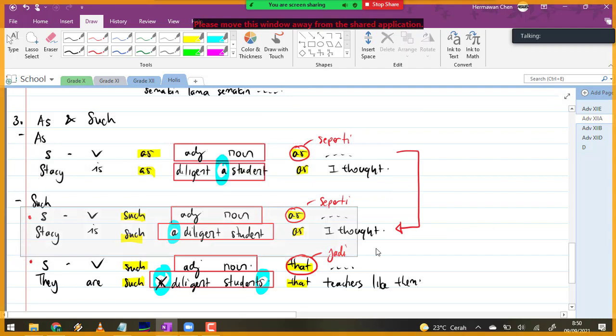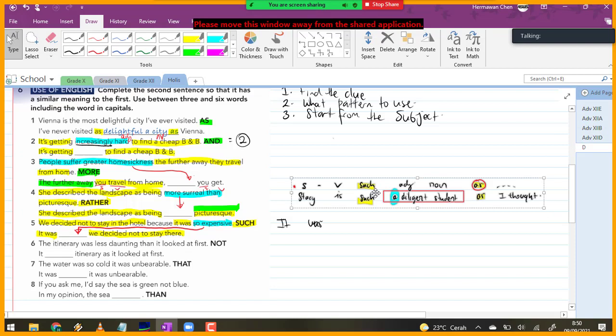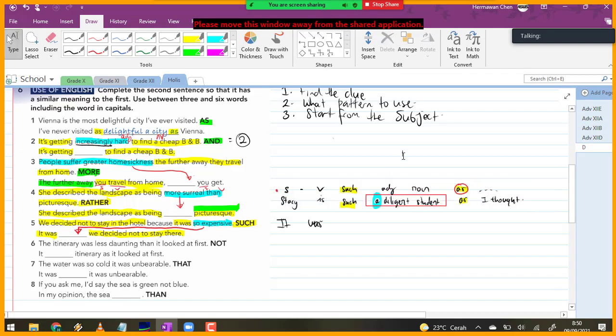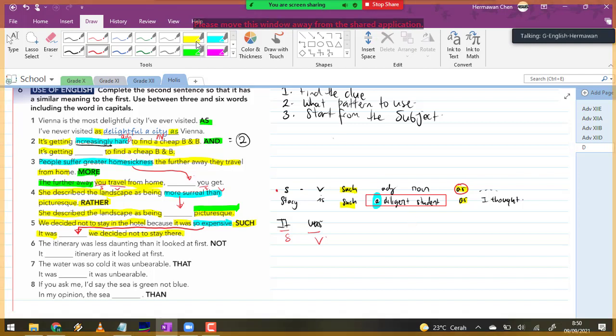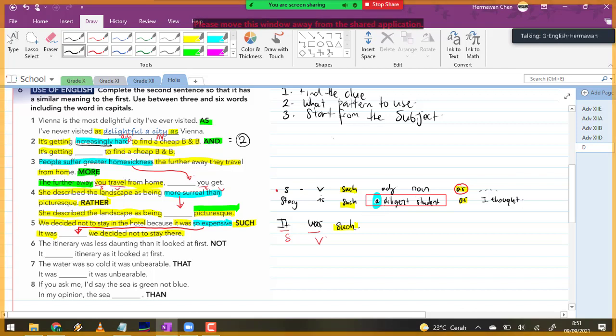It is the subject, was is the verb. In the blank, first we have to use such. Then adjective noun. What is the adjective? This is the adjective, expensive. Put it here.